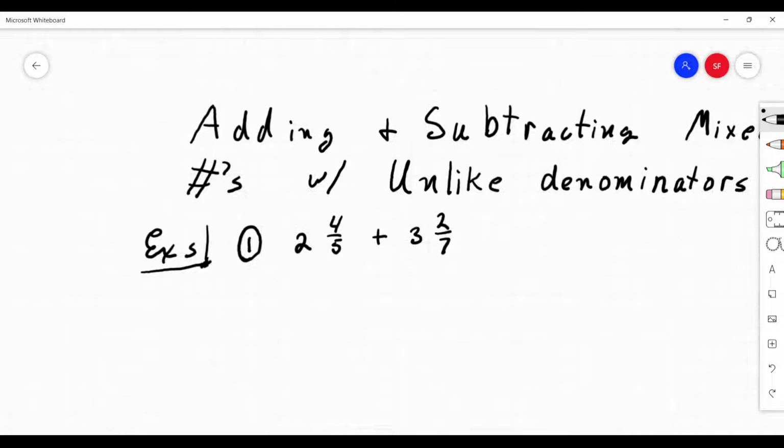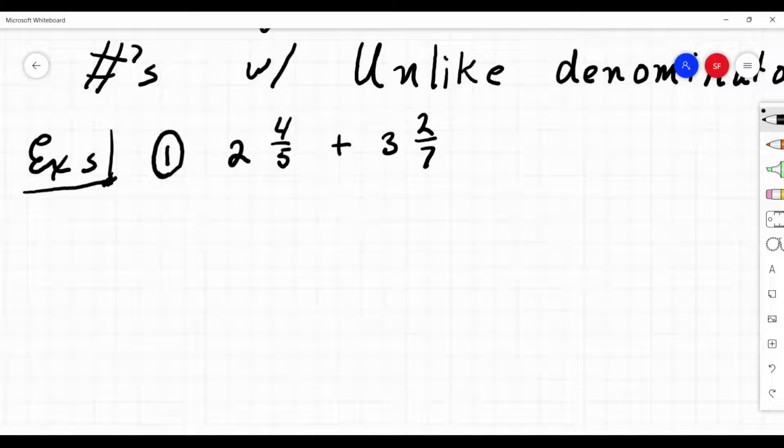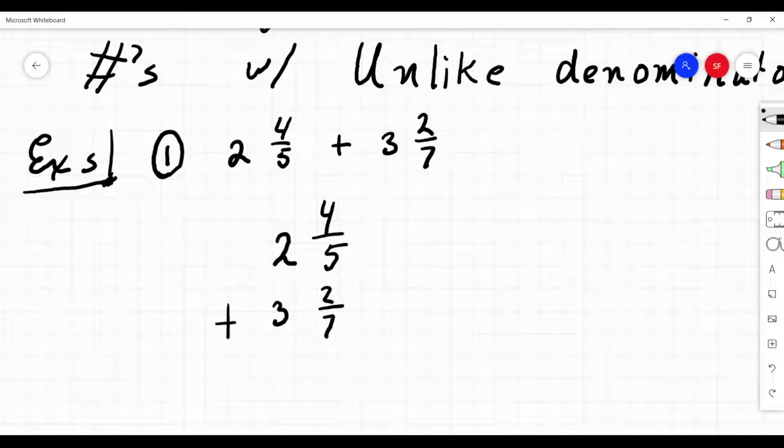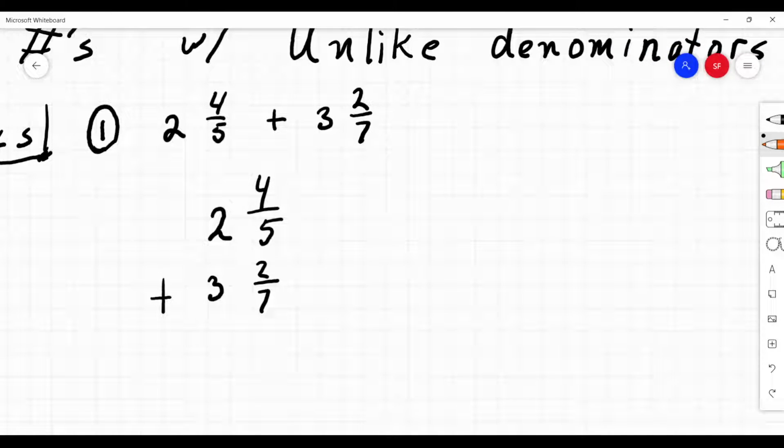We're still going to stack them. We're just going to have to add another step, because we can't add fractions with different denominators, can we? We sure can't. So we're going to get a like denominator. I'm going to stack them, setting up 2 4/5 plus 3 2/7. We've got to get these to a common denominator. We're going to essentially do the butterfly method to get the common denominator, but I'm going to write it a different way.